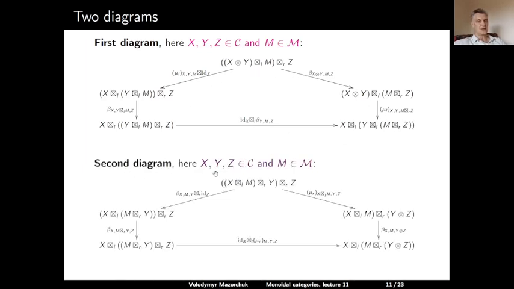And we also have a similar diagram for the action on the right. So we have y tensor z on the right acting on the outcome of x acted on m on the left. In our conventions for the right modules, the isomorphisms given by the structure always move brackets from the left to the right. So the correct rearrangement of this diagram is that we have the leftmost bracketing, x acted on m, and then we act by y on the right and by z on the right.